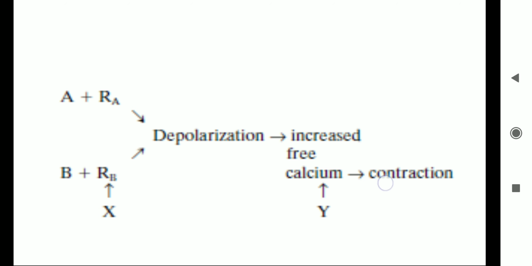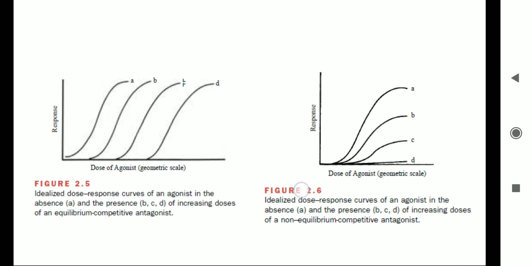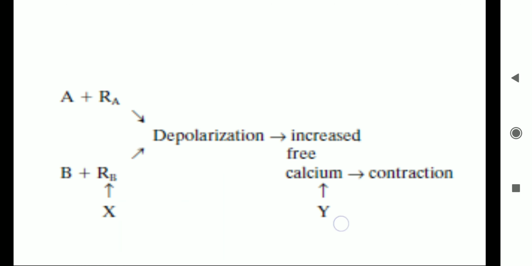But what will happen if you give an antagonist drug Y, this is Y. This drug Y will stop the free calcium release. Hence there will be no contraction. So here the receptors are different, but the end effect is the same.